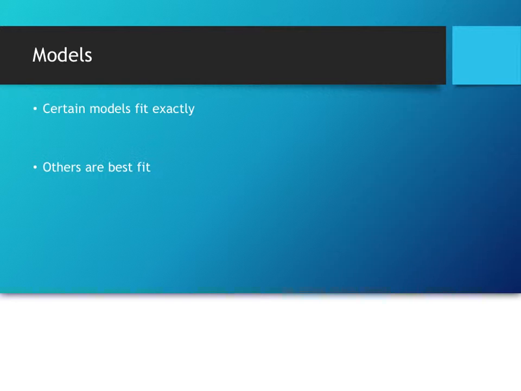So in other words, for every single input, my output is going to be perfect. Others, there's going to be some play. So we have inputs and outputs, but the output that the model gives may just be close to the output you get in real life.